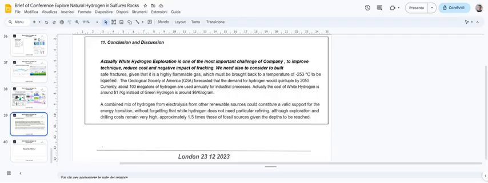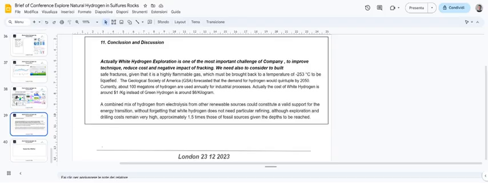The Geological Association of America forecasted that the demand for hydrogen would quintuple in the next 20 years. Currently, about 100 megatons of hydrogen are used annually for industrial processes. Actually, the cost of white hydrogen, natural hydrogen, is around $1 for 1 kilo. Instead, gray hydrogen is around $18 per kilogram.